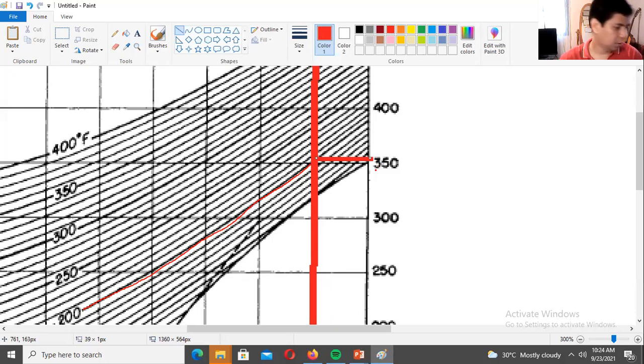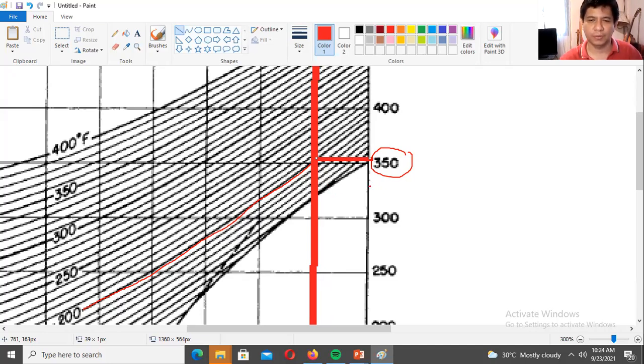So sa libro, I think ang reading niya doon sa 70%, 200 degrees Fahrenheit is 350. Eksaktong 350. No? So plus or minus 5 naman tayo. Pasok naman siguro yun. Question regarding 70%, 200 degrees Fahrenheit.